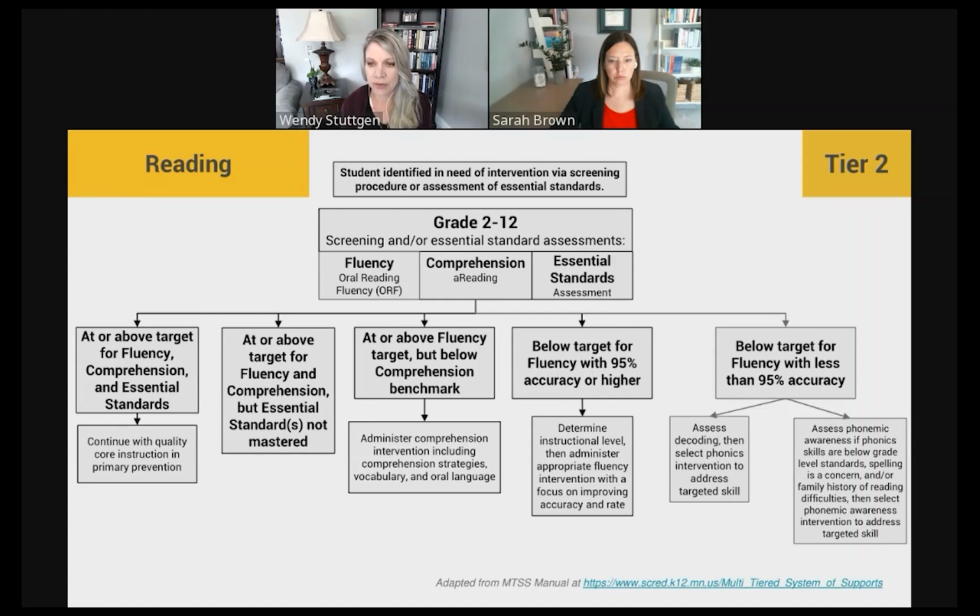By including both the screening and the summative assessment data, teams can better determine what kind of intervention is needed at that grade, class, or intervention level. This flow chart is specifically looking at tier 2 supplemental intervention needs. We also have similar flow charts for tier 1 and tier 3 on the SCRED website in our MTSS manual.